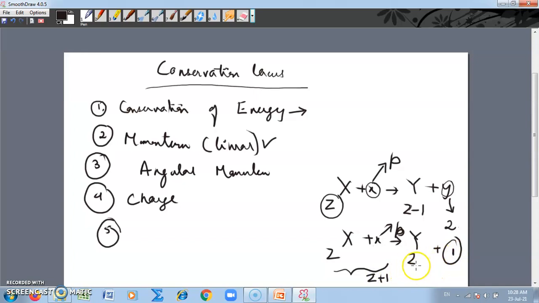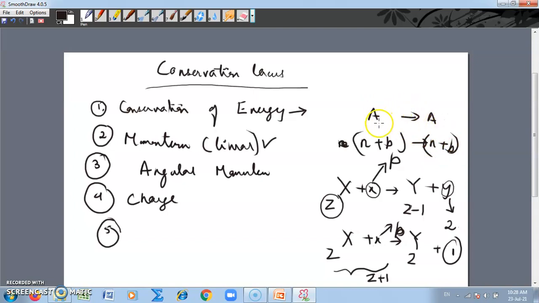So this number has to be satisfied. And another thing is that the nucleon number, that means the number of neutrons plus protons on this side must be equal to the neutrons plus protons on that side. That means A on this side must be equal to the A on that side.